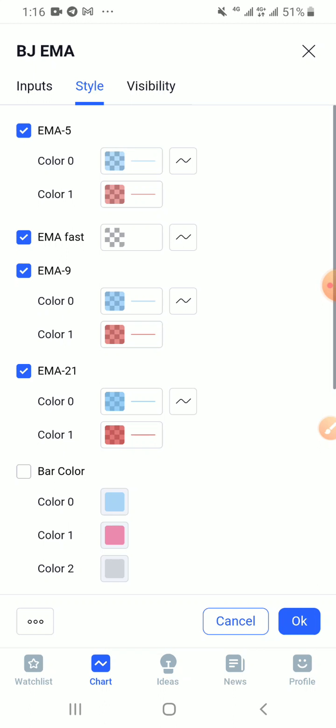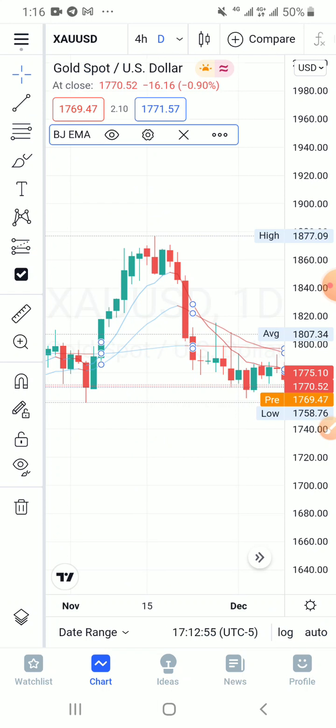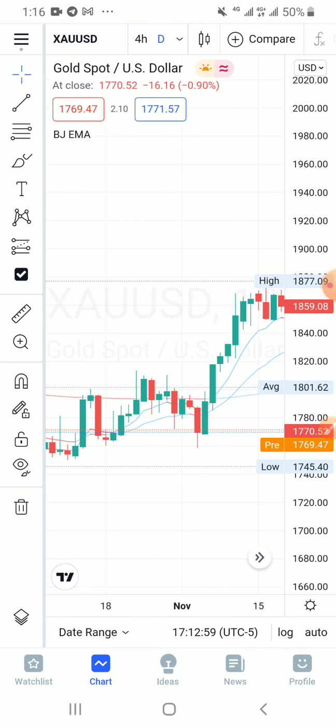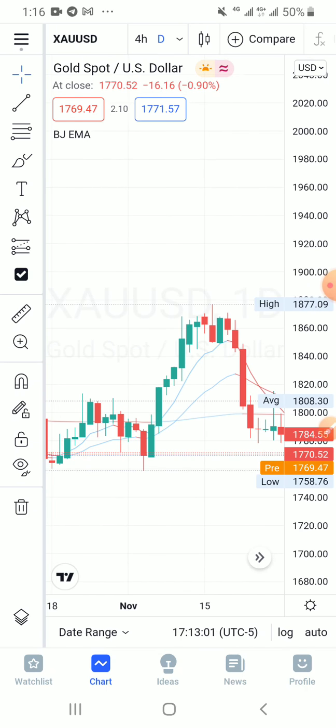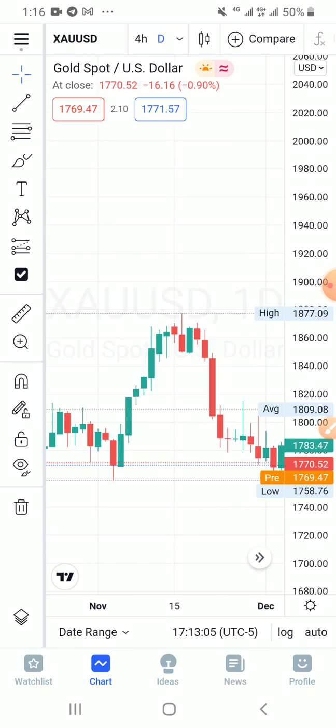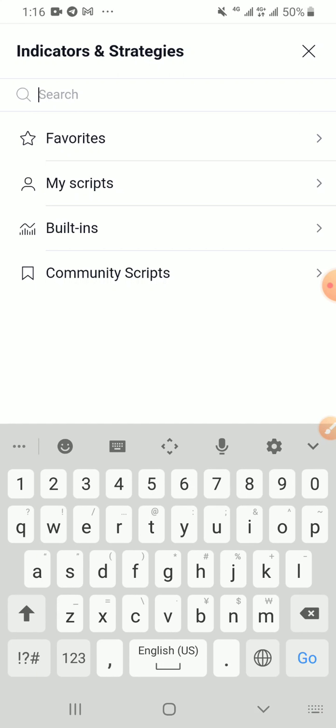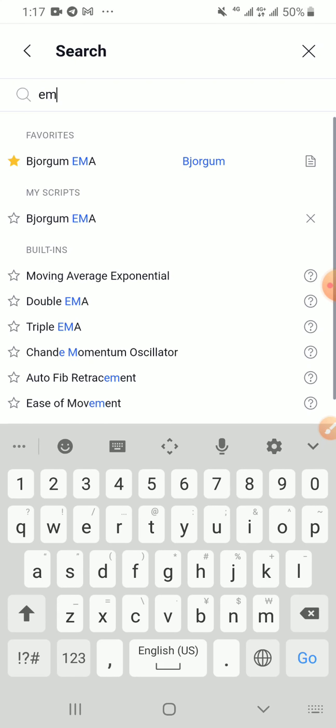Or even I would like to remove these moving averages, and then show you guys how you can have your 2 EMAs like this one.